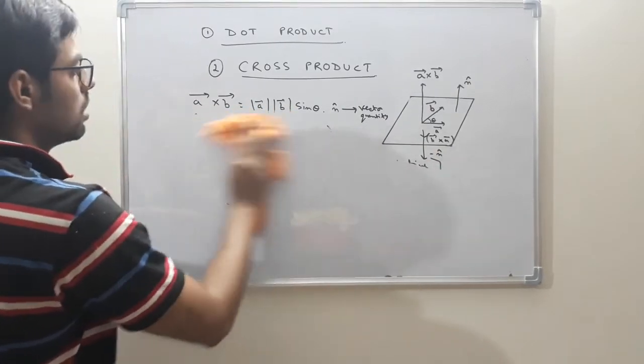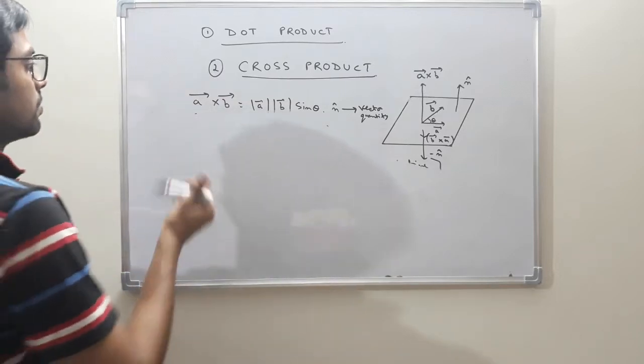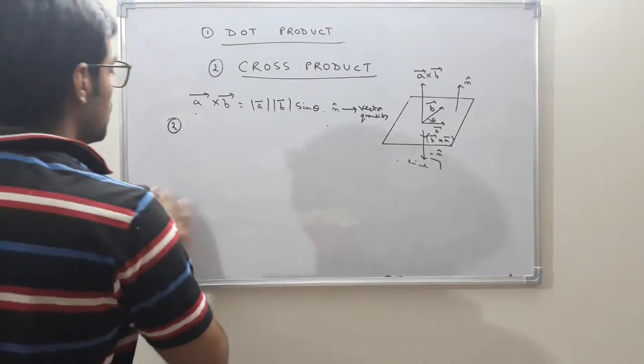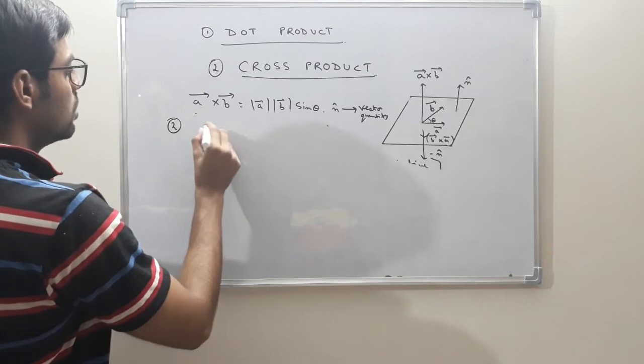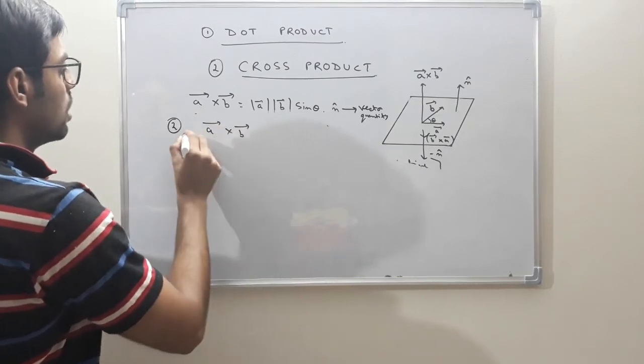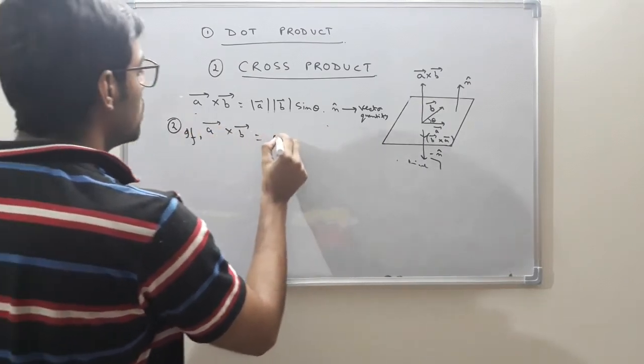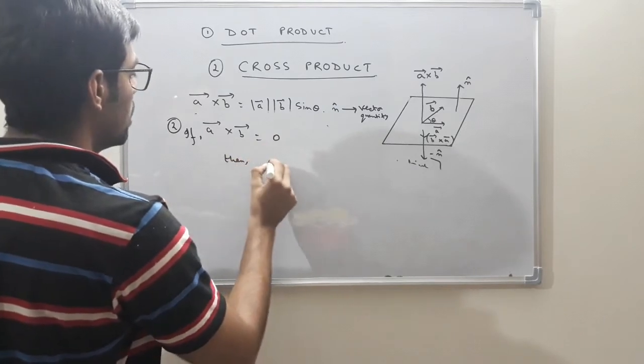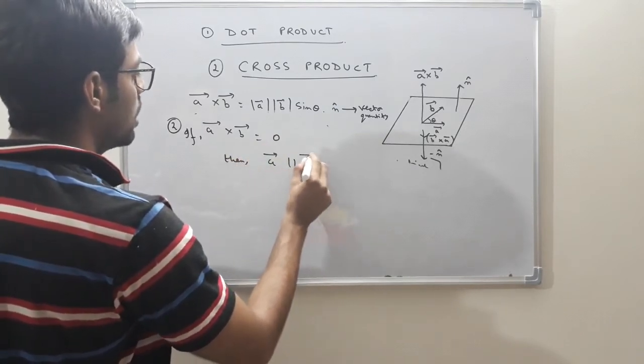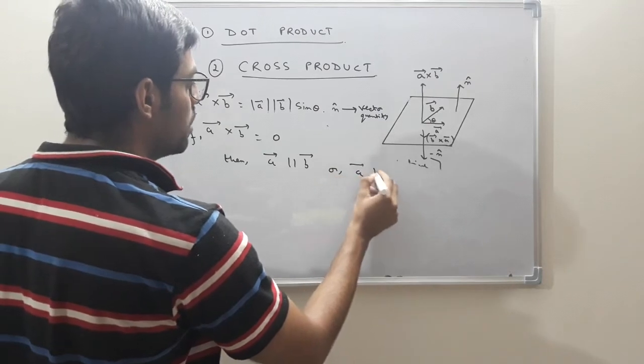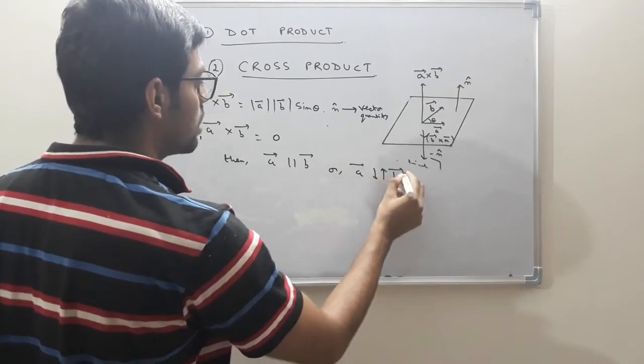Next, if we have A cross B equal to 0, then A vector can be parallel to B vector or A vector can be anti-parallel to B vector. How?